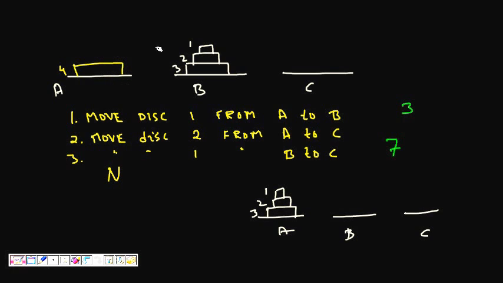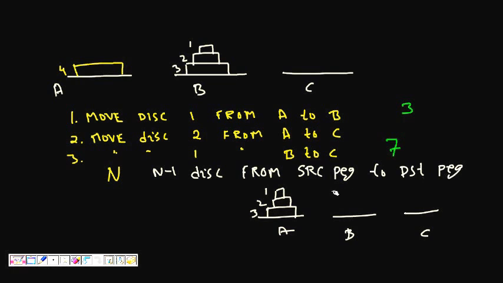So if I move the n minus 1 disks to B, I have the solution that I know: n minus 1 disks I can place from the source peg to the destination peg using one intermediate peg.